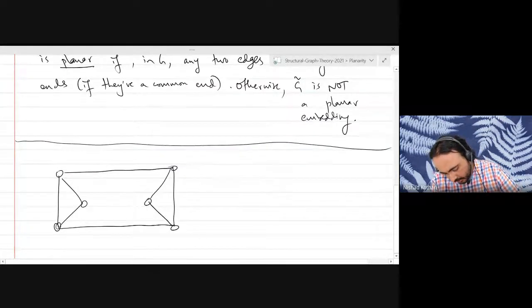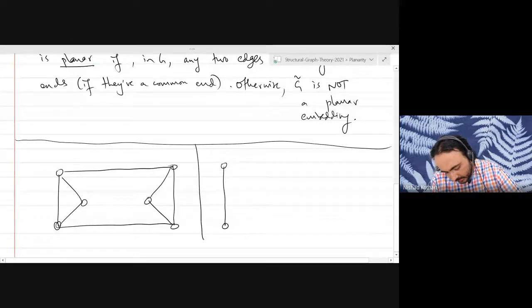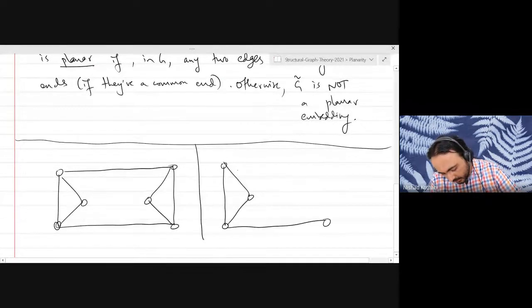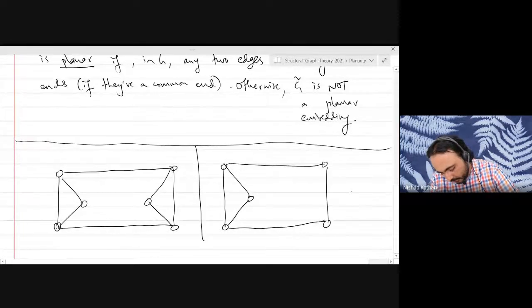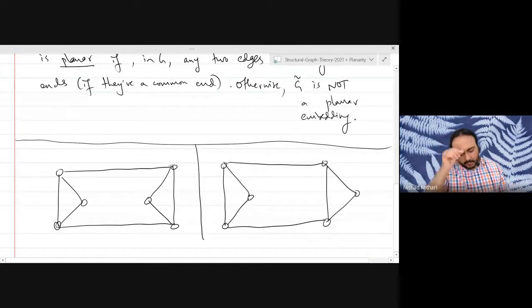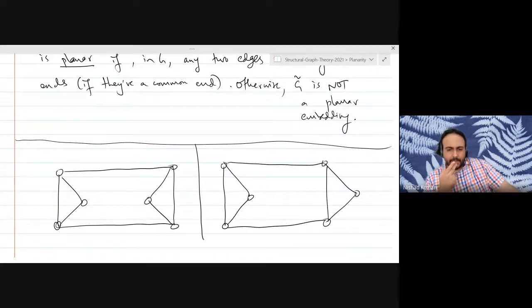We will talk about when two embeddings are the same or different later, but you can intuitively see that these are somewhat different from each other. Can anybody point out a specific difference to me? I know that we have not introduced terminology, but if you look at these two drawings, is there a specific difference you note between them?